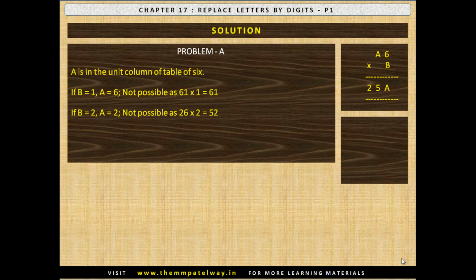If B equals 2, then A equals 2, not possible because 26 into 2 equals 52, and we cannot have A equals B. If B equals 3, A will be equal to 8. This is possible because 86 into 3 we will get 258. Hence, A equals 8 and B equals 3.